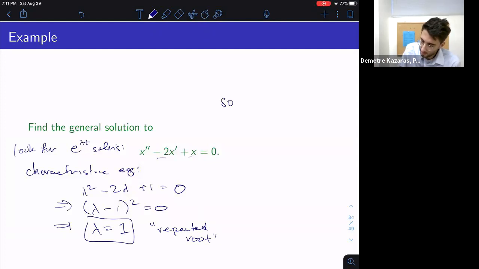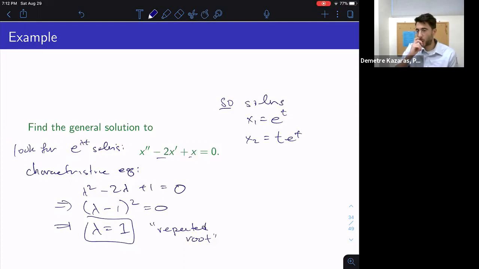So the solutions that we get from this method are, first of all, I shouldn't call it y, I should probably call it x, e to the lambda t, so that's just e to the t. That solves this equation. And then from what we just learned, t e to the t will also solve this equation.